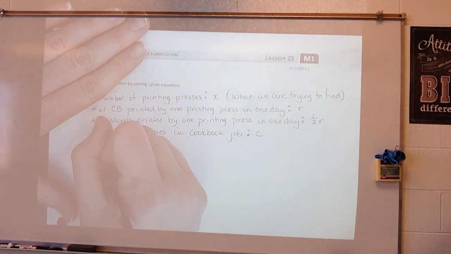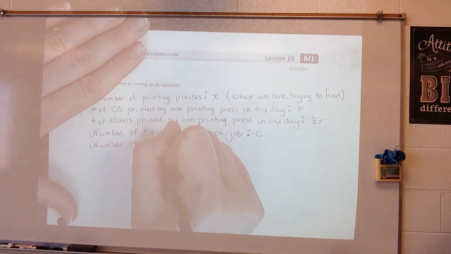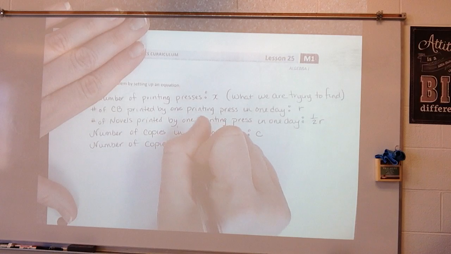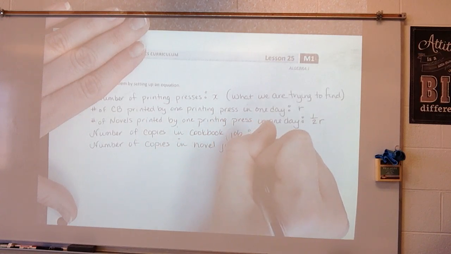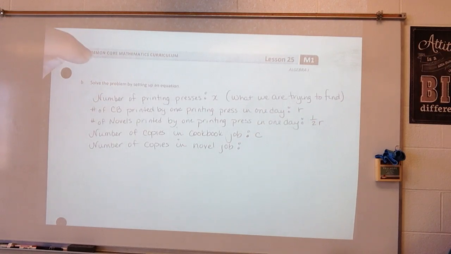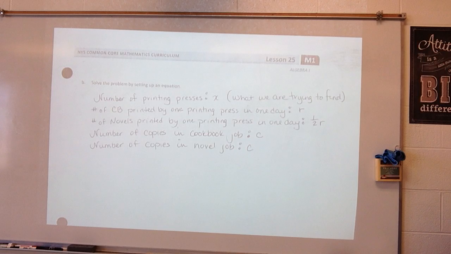And the number of copies in the novel job, remember it said that they were the same amount, so we're also going to let that be C, because it said we had the same number.